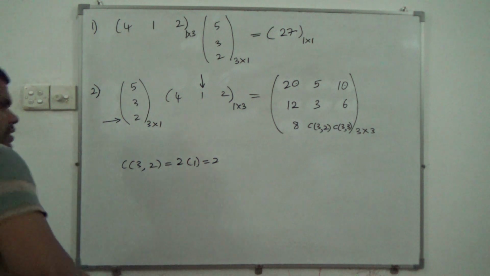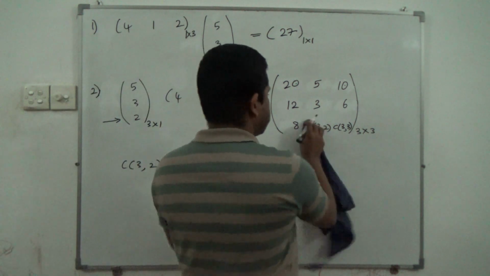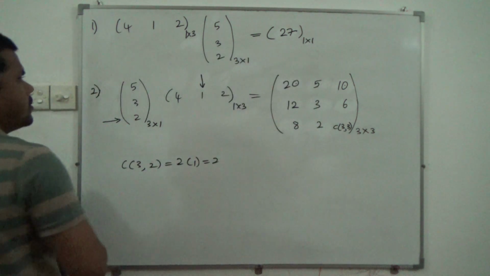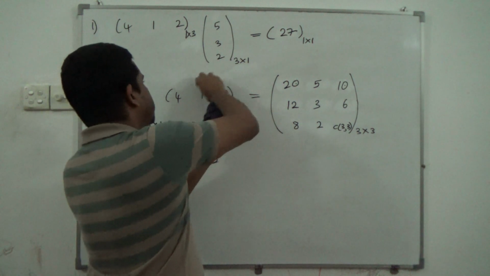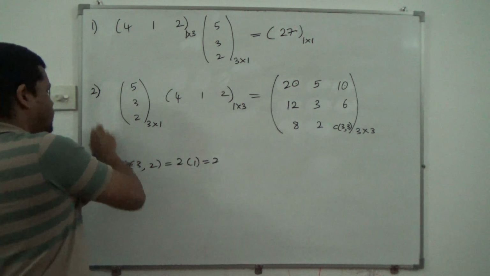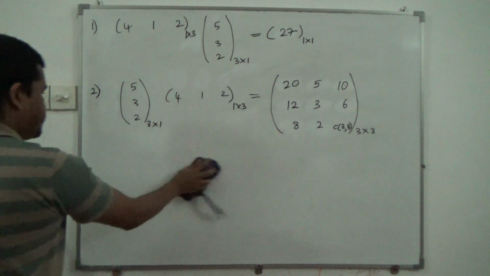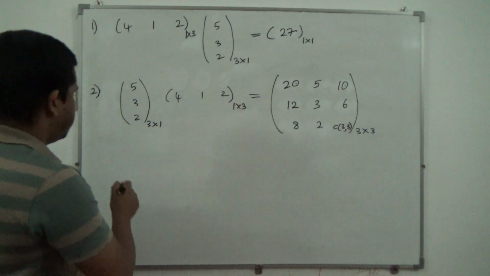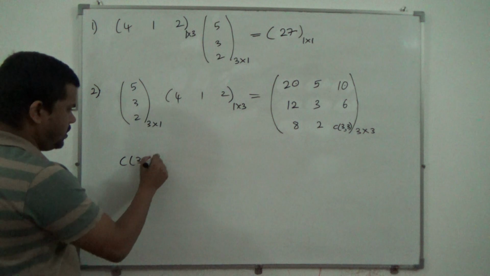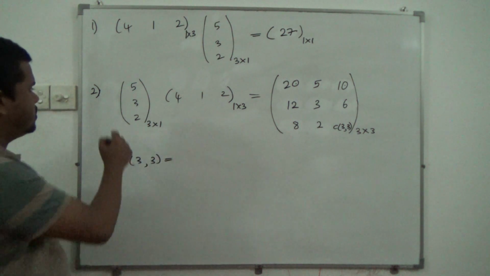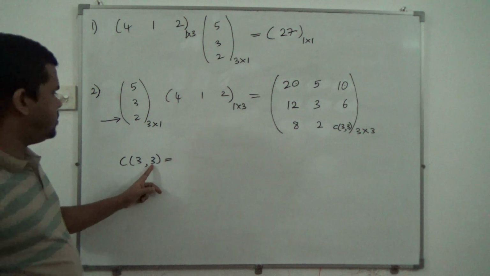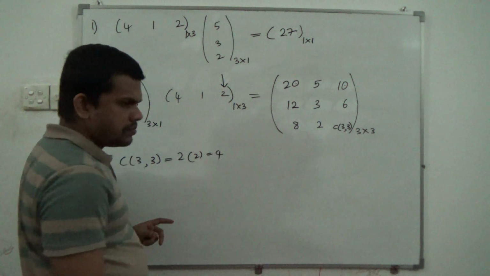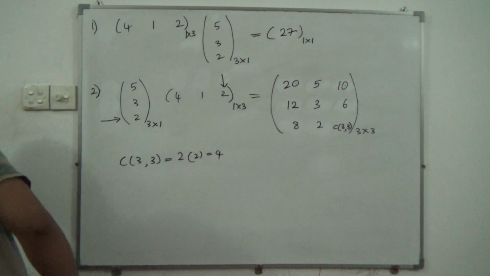So here we have 2. Now we have to find C3,3, in the first matrix, row number 3, in the second matrix, column number 3. 2 into 2, 4. So here the answer is 4.